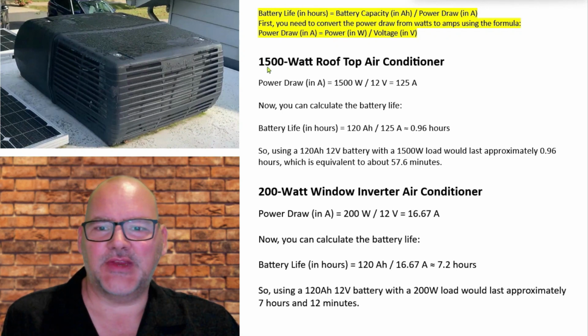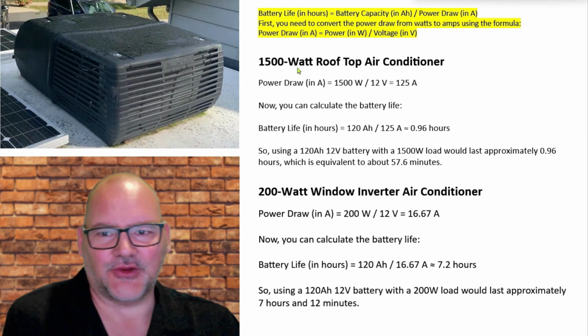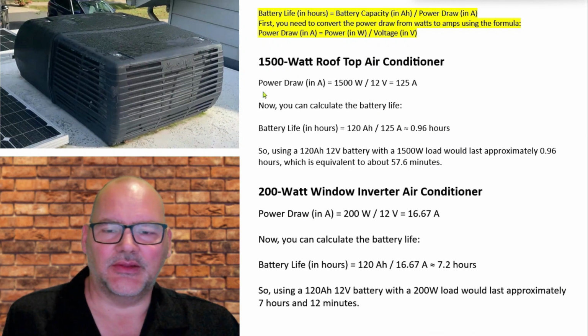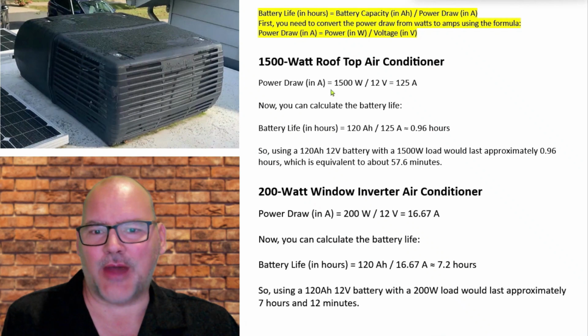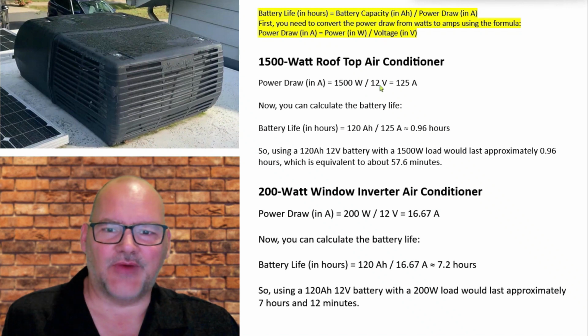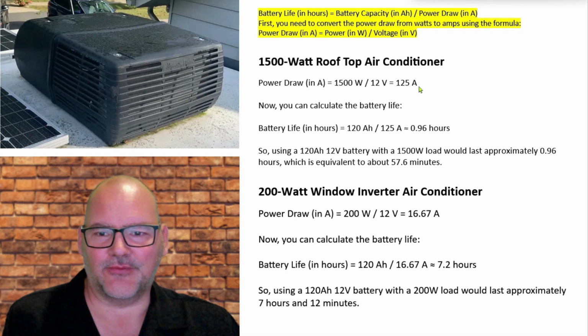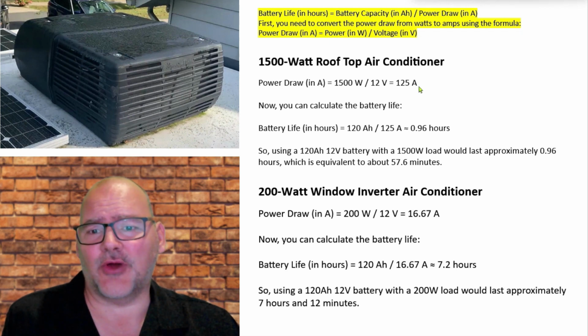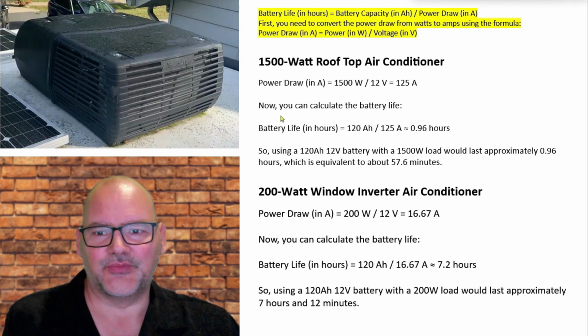If you have a 1500 watt rooftop air conditioner, we have to calculate what kind of amp draw this is at 12 volts. You take 1500 watts divided by 12 volts, and you get 125 amps of draw. That's the amp draw you get from a 1500 watt rooftop air conditioner.